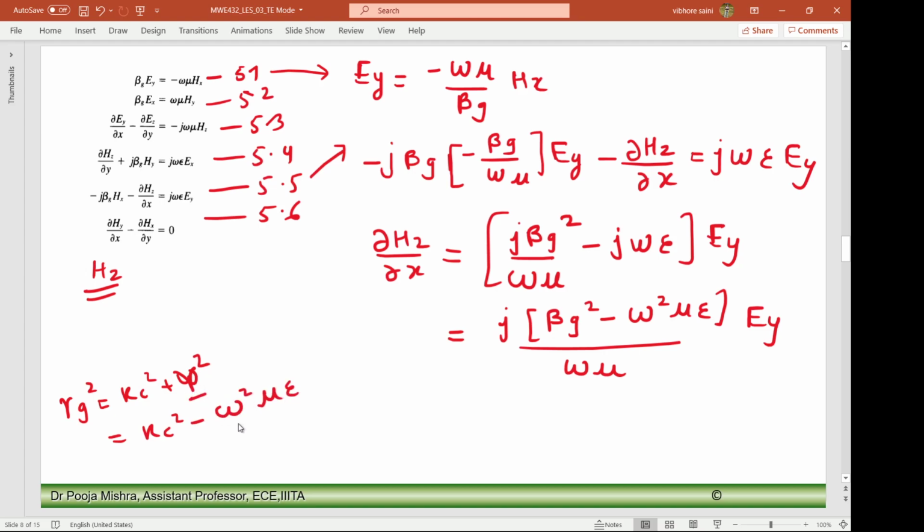Gamma square was minus omega square mu epsilon, and for propagation to occur gamma g is actually j beta g, so minus j beta g square is equal to kc square minus omega square mu epsilon.